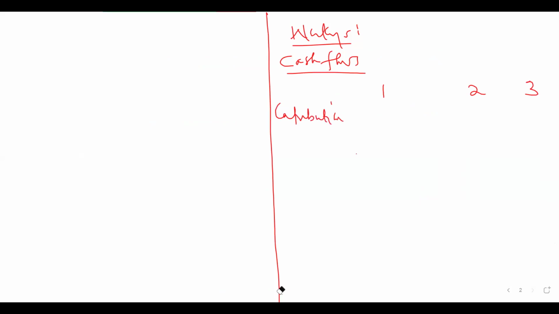In the first year, what will be the output level? 300,000. So 100 times the 300,000, how much are we getting? $30 million.